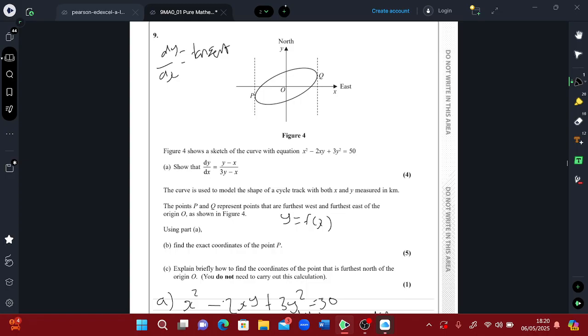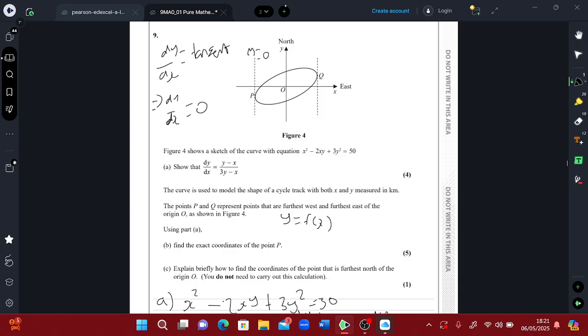Have a look at this gradient here. It is 0. No matter how much we increase x, this line will always stay the same. It's not getting steeper anywhere. So m equals 0 means dy/dx has to be 0.